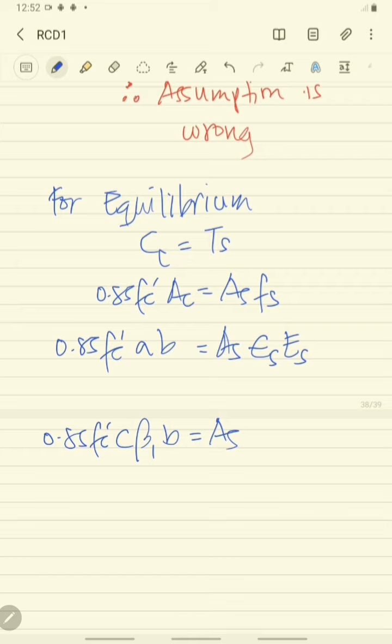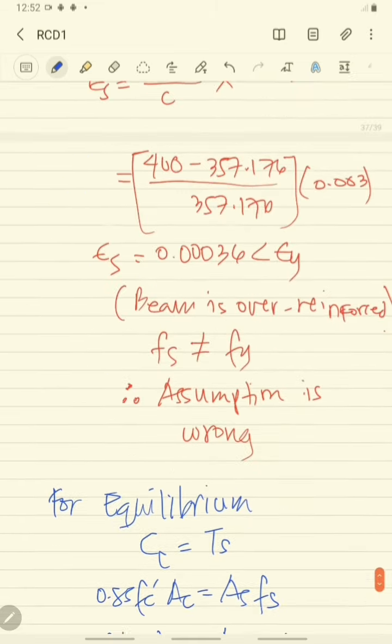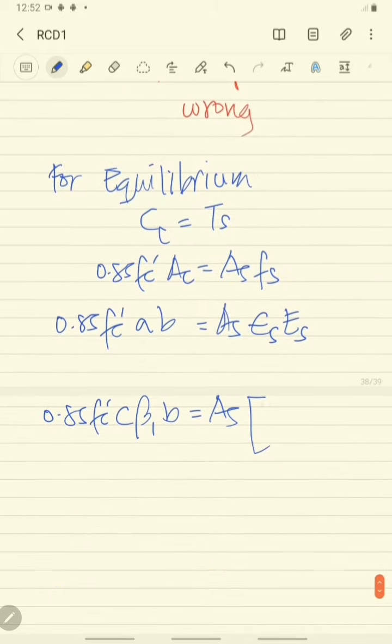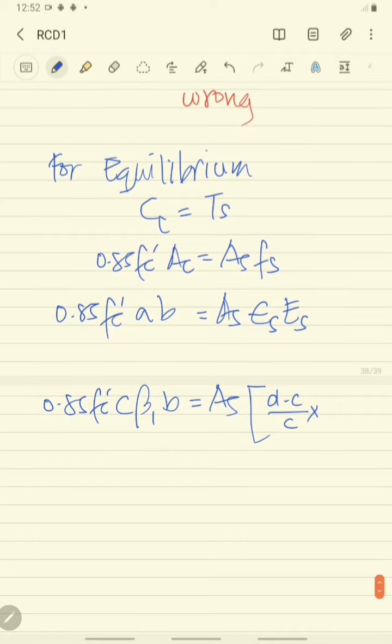Then for the strain, we have this formula: Es equals d minus c over c times 0.003. I have to write this again.